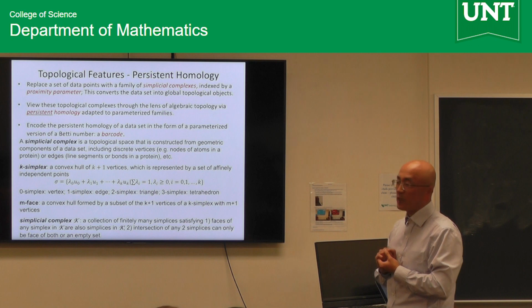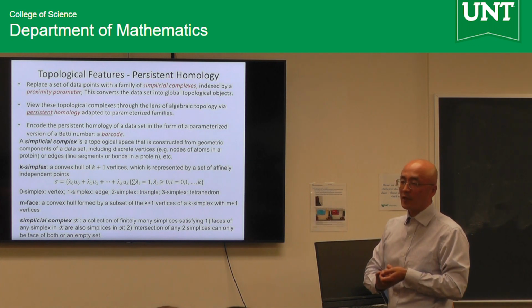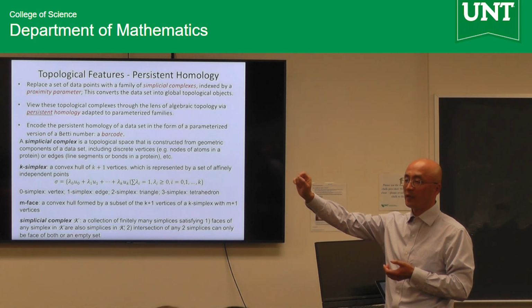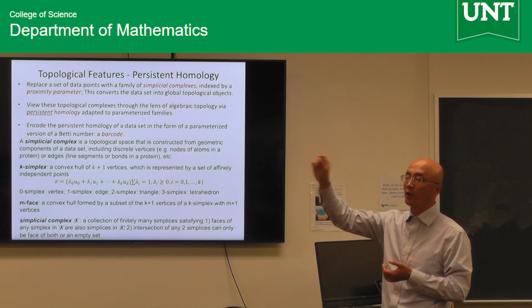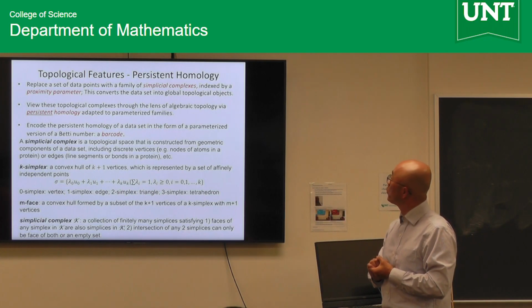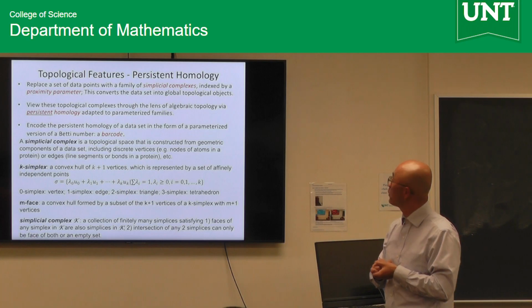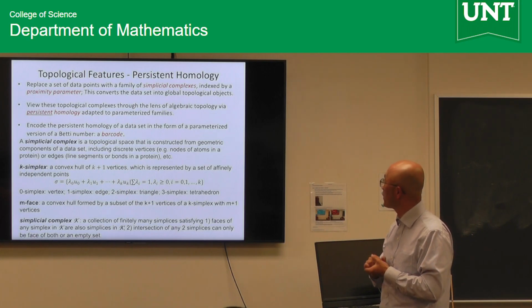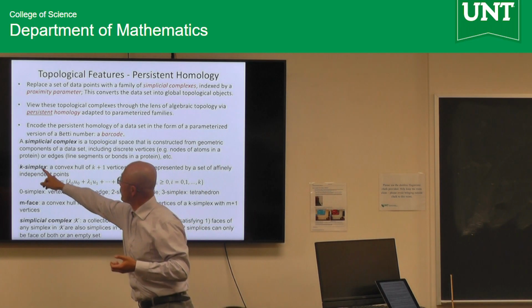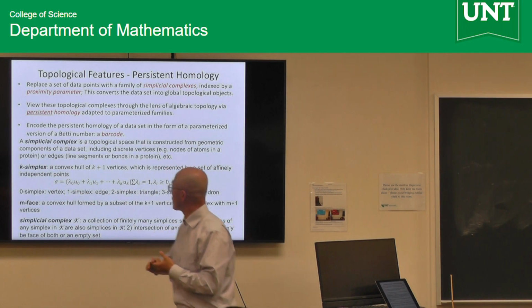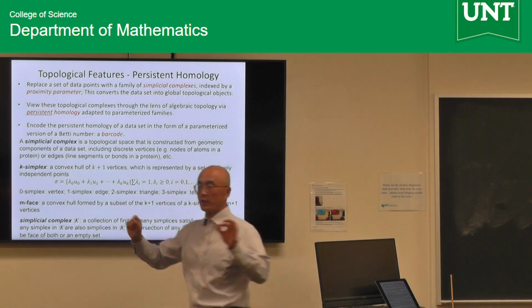Basically, you have a set of data points. For example, a protein: you have a lot of atoms, and you have the atomic centers of all the atoms. Then you need to represent this data with a family of simplicial complexes. So what are simplicial complexes? We need to know what we call a k-simplex. You can think that a 0-simplex is a vertex.